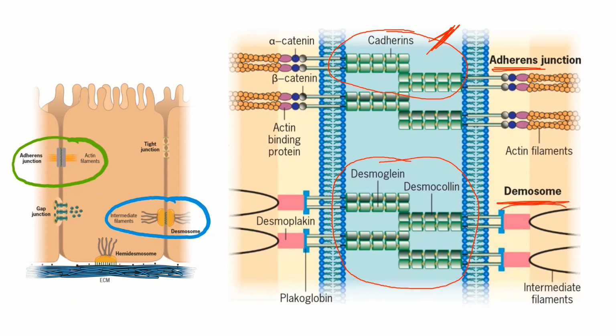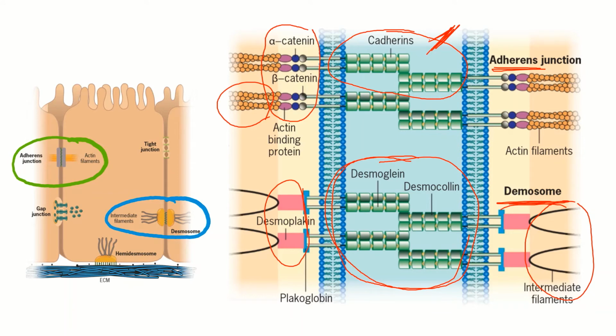Okay, so we can see other structures here for the adherens junction. The cadherins are connected to catenins, and the catenins are connected to actins. Okay, so that's important. While in the desmosome, the desmoglein and desmocollin are connected to desmoplakin, which are connected to intermediate filaments instead of actins.